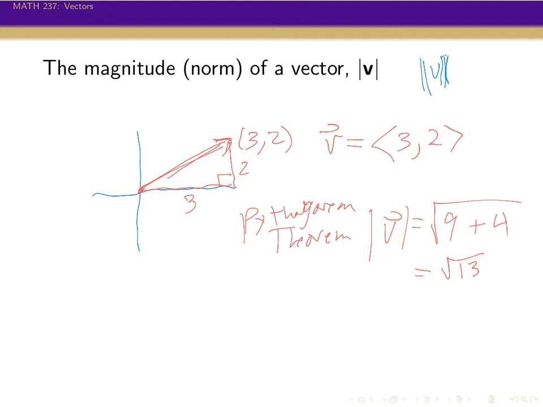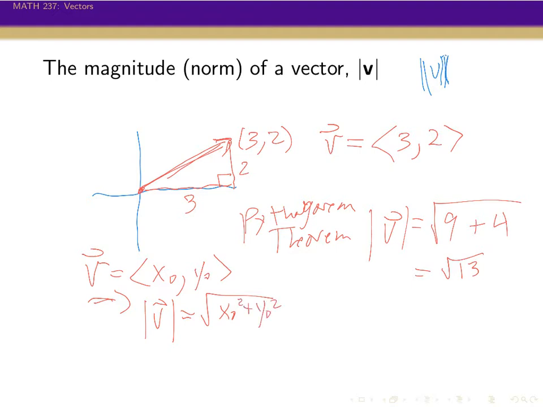Right, so in general, if we have something in 2 dimensions, v is x0, y0, then the magnitude of v is the square root of x0 squared plus y0 squared.